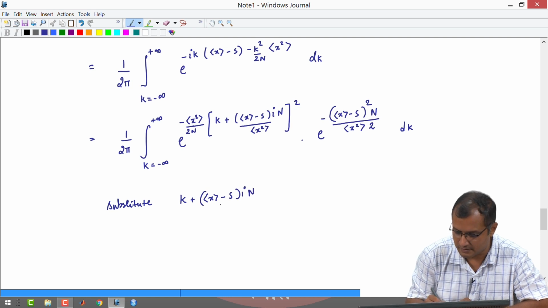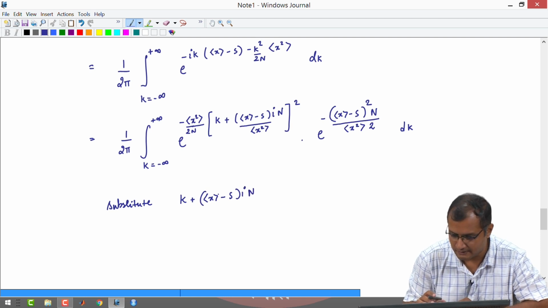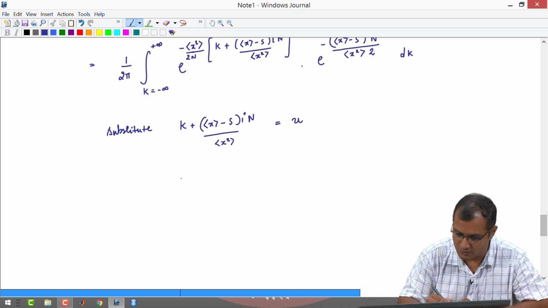This is a constant. Okay, so my variable is k, so the entire thing here is substituted as some u. So d of k will be just d of u because the entire thing is just a constant.